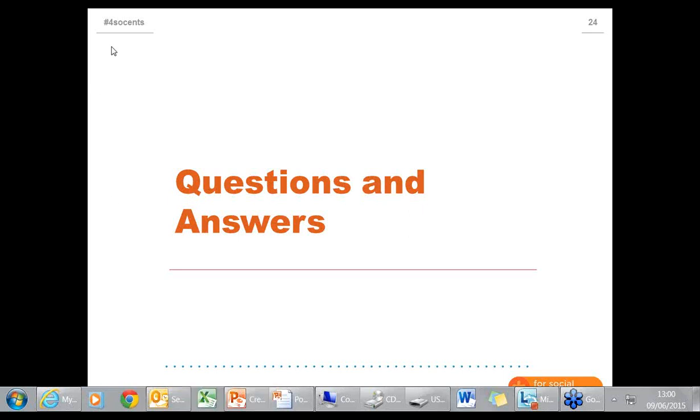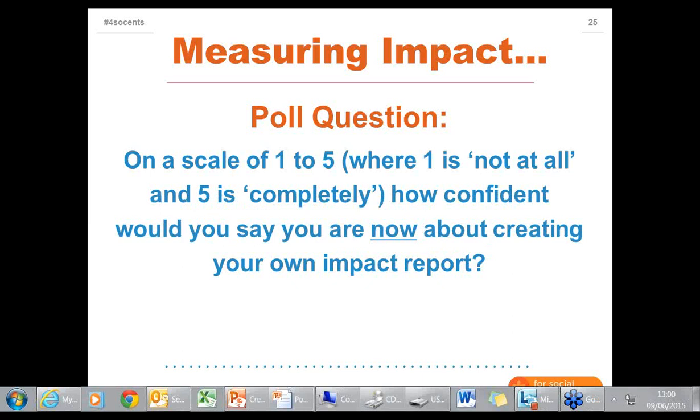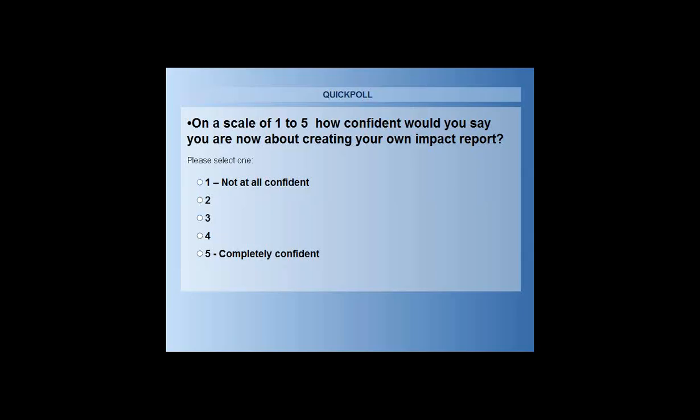If we move on just one more slide, I want to ask those of you that are still listening, and I appreciate your time, to respond to a new poll question. I will be totally transparent and say that what I'm doing here is putting into practice what I've explained to you, which is a measure of distance travelled. I'm very interested to see how you, the participants in this webinar, have benefited, how your confidence has travelled and to what extent.